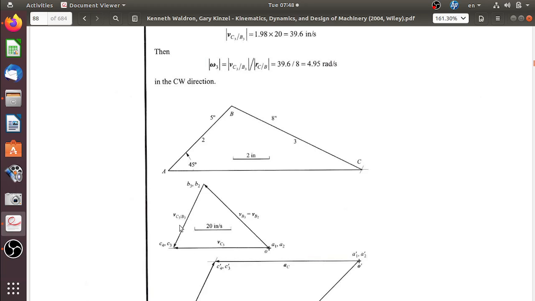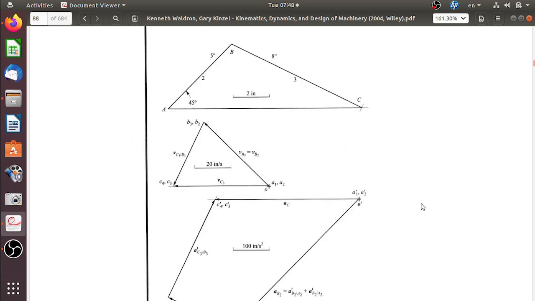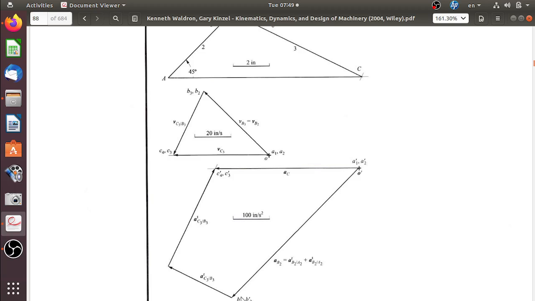So this is the velocity diagram. Now, with all this information, we are going to construct the acceleration diagram. This is the constructed acceleration diagram, and we'll see the procedure to construct it.